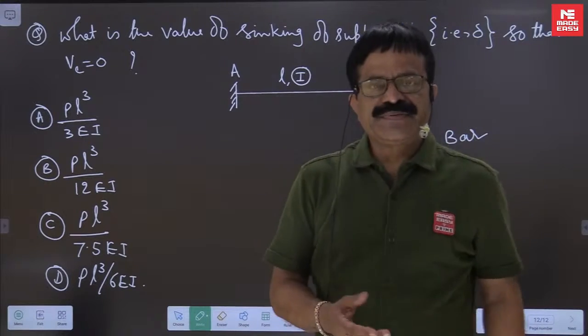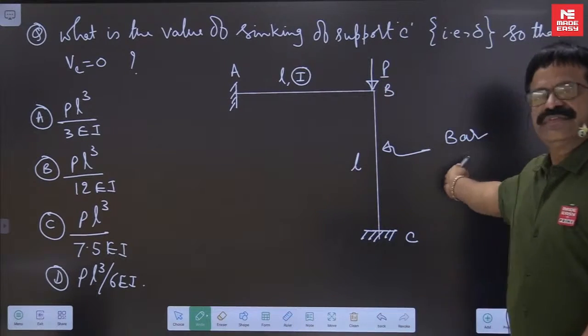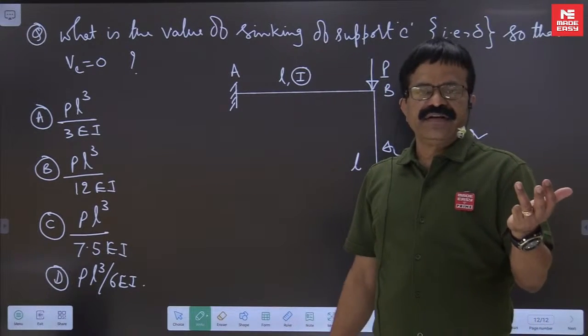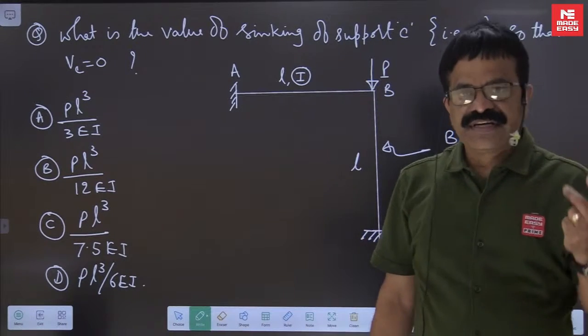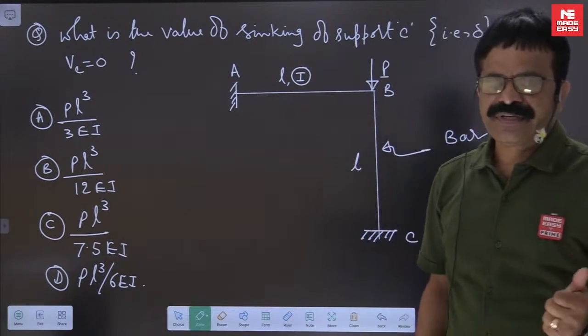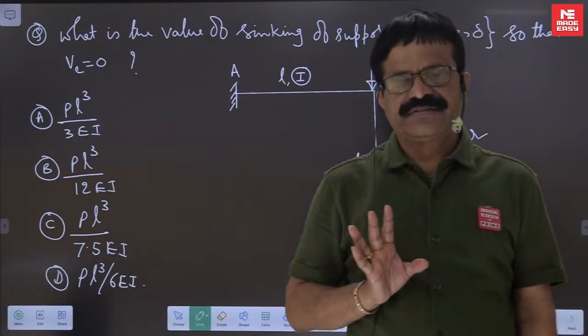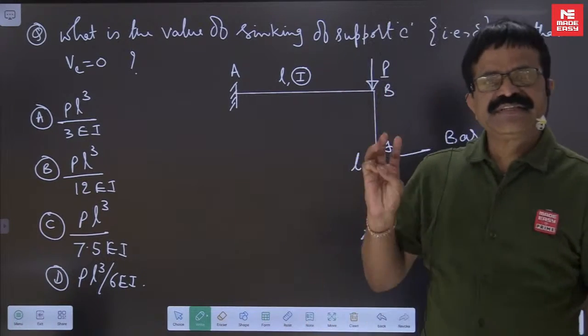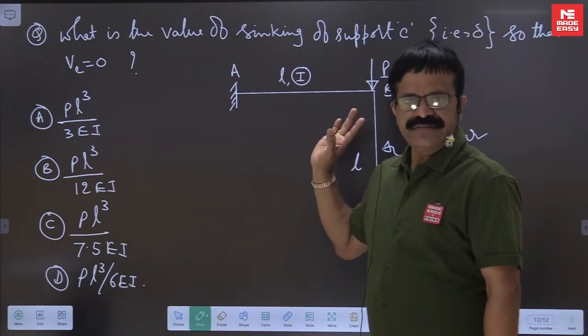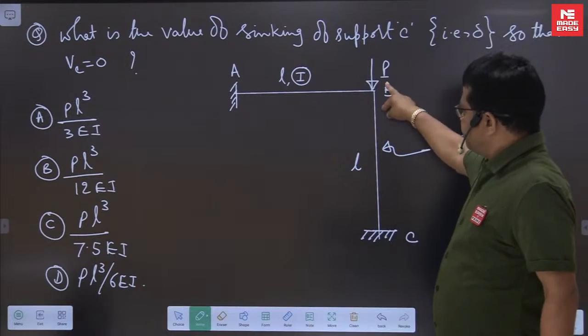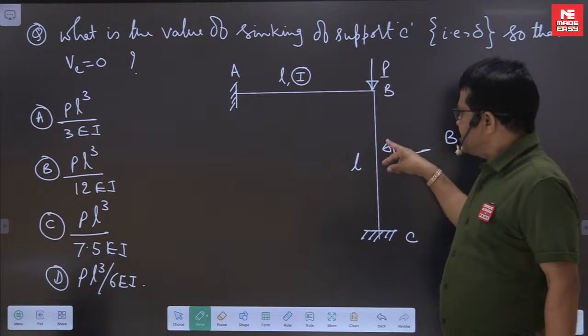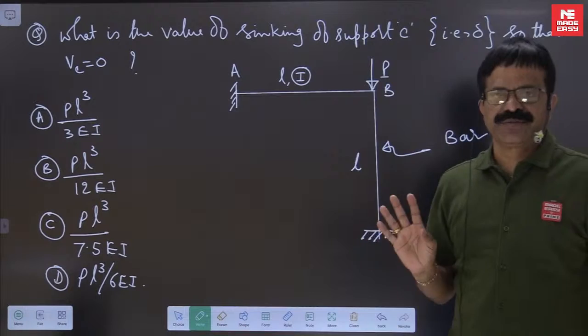In strength of materials we have studied that once you use the word bar or rod or link or weak beam, the implied meaning is that they cannot take any bending moment. But they can take compression and tension, but not the bending moment. Once you use the word bar, it means that the bending moment in this is 0.